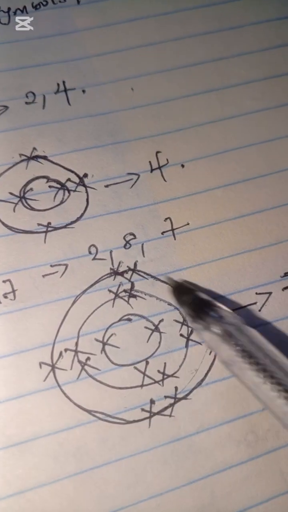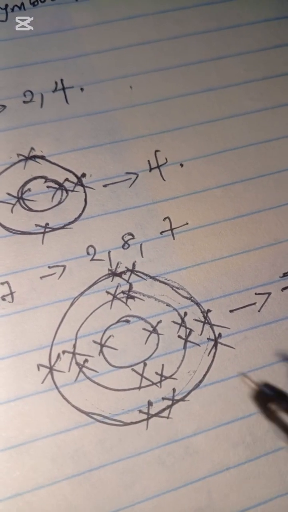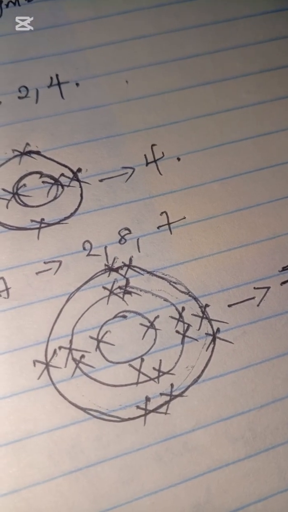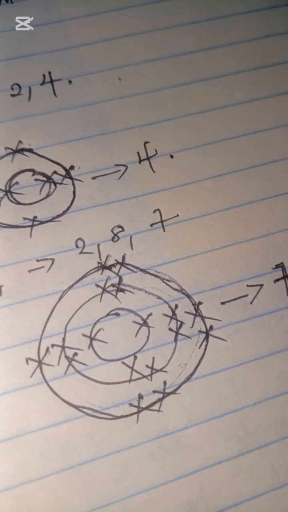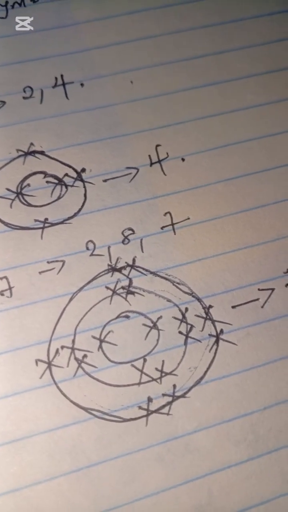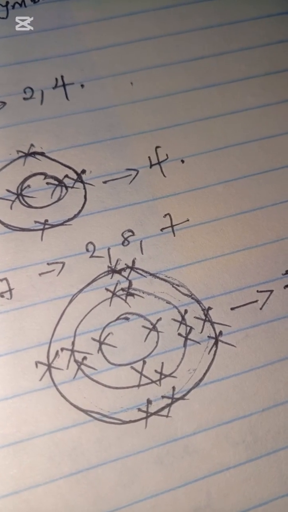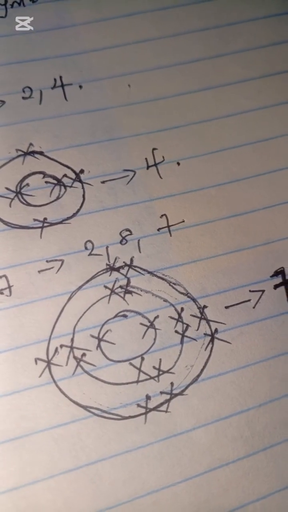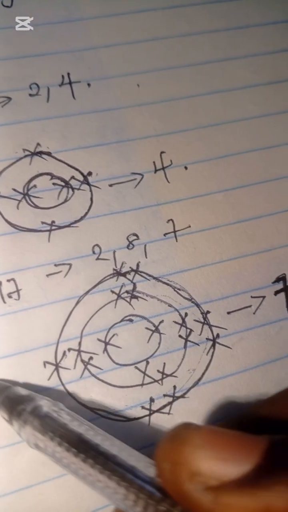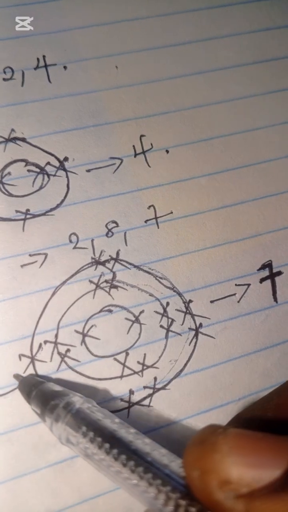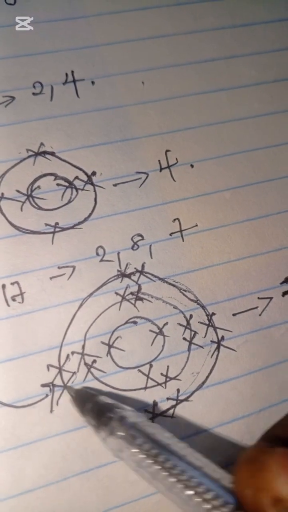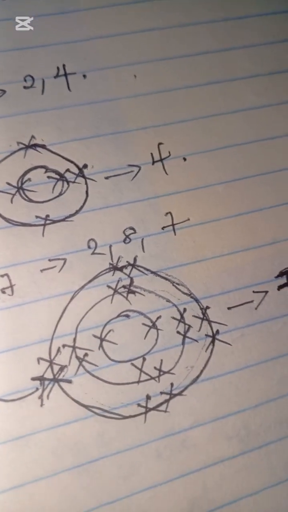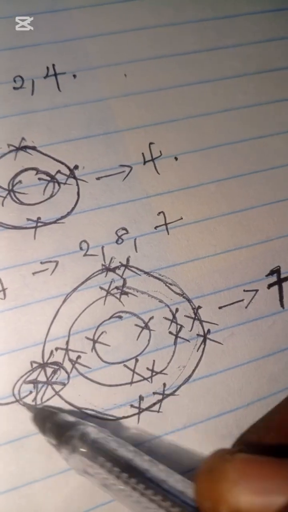It has 7 electrons in its valence shell. For it to have an octet structure, there must be a transfer of an electron from another atom when it wants to undergo chemical bonding. Then when there's a transfer of 1 electron from another atom, it will have an octet structure. Do you get that? That's what the octet rule is all about.